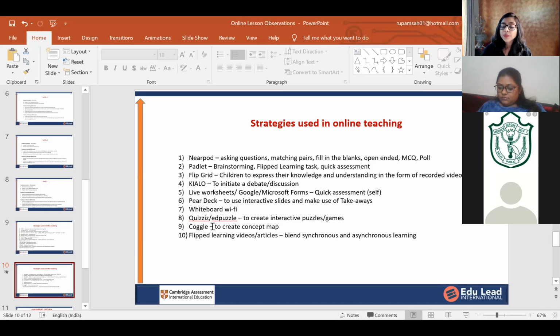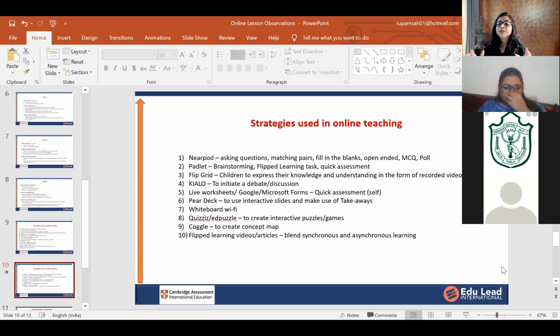So if you remember, we did David Ausubel's advanced organizer. Who remembers we did this? In that, we have to share our learning outcomes with the students.